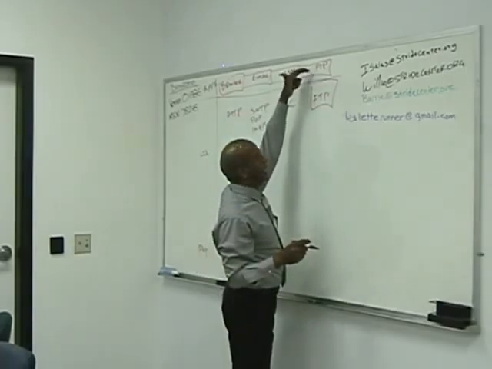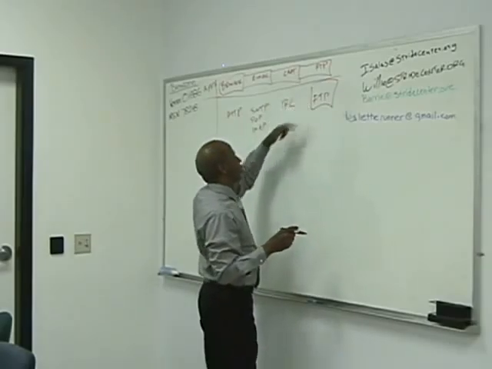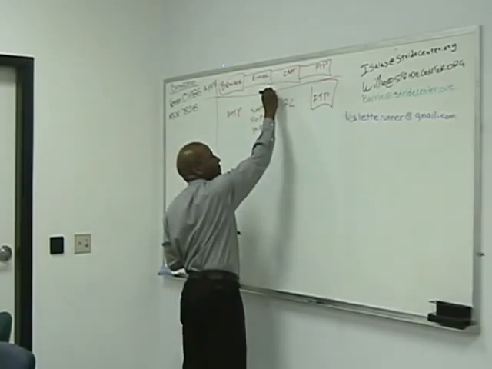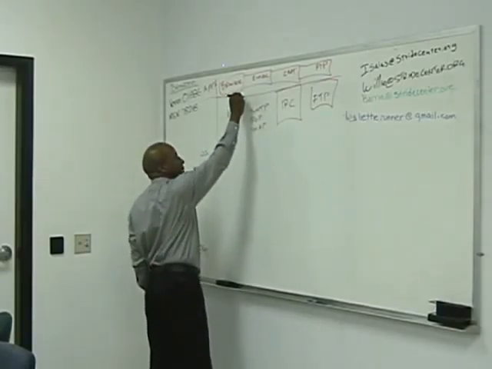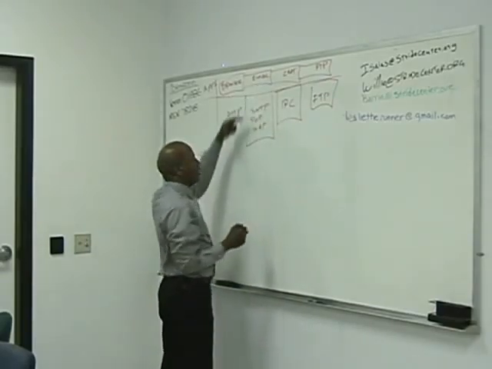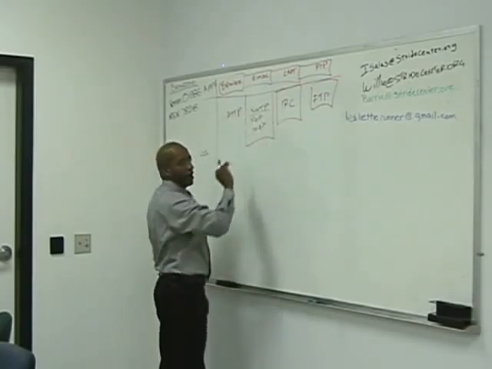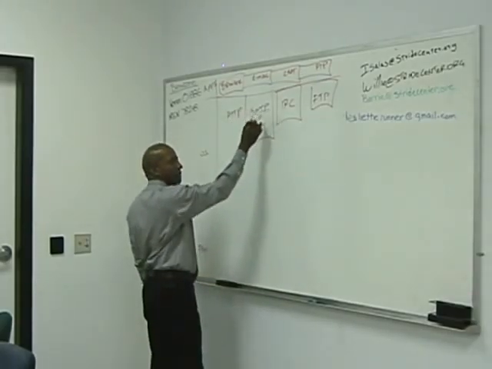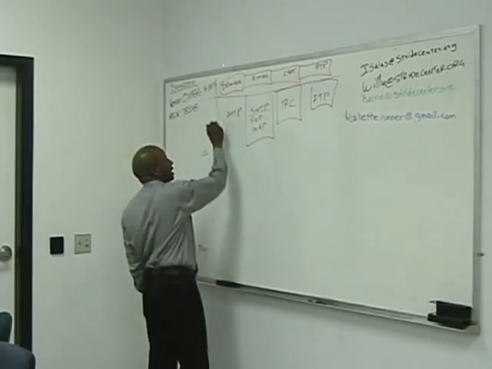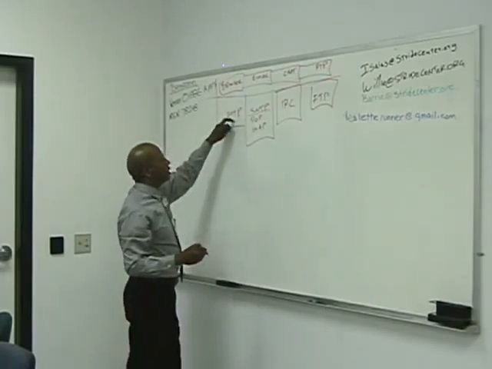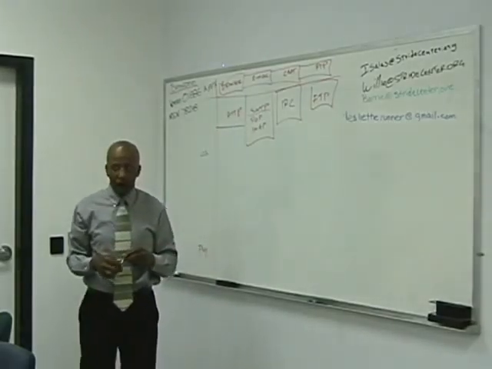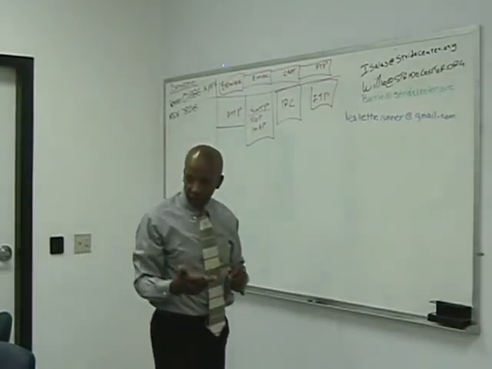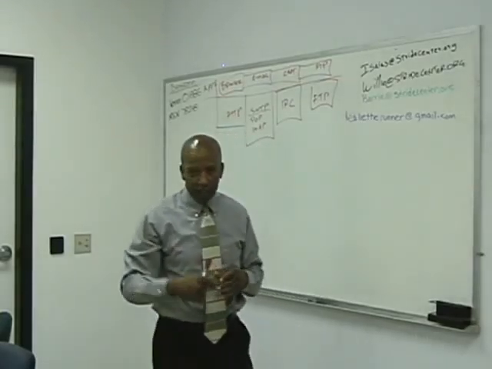FTP program or application, FTP supported by FTP protocol. The chat application supported by the IRC protocol. The email application or client supported by SMTP for outgoing mail, and either POP or IMAP for incoming mail. The HTTP protocol for supporting your browser, your Chrome, your Safari, your Opera, your IE, etc.